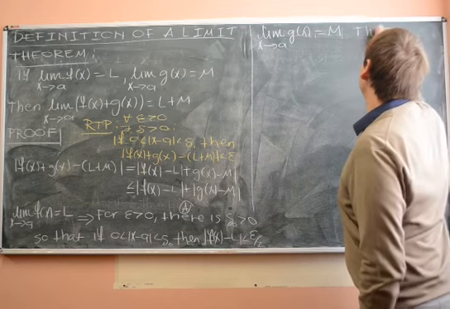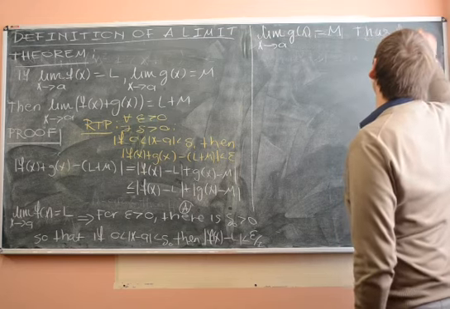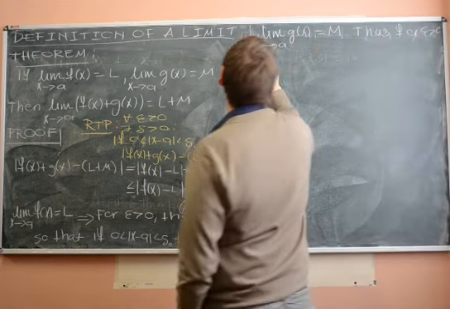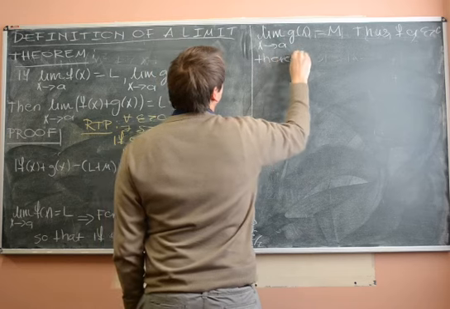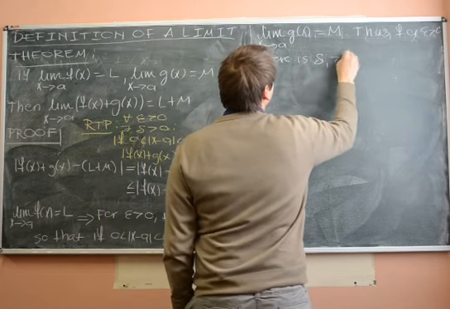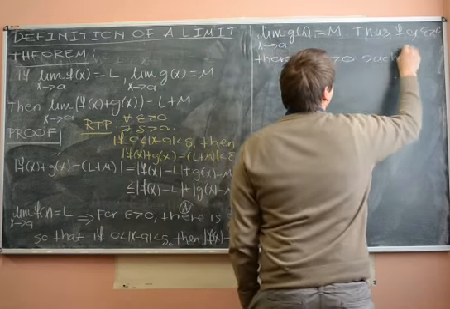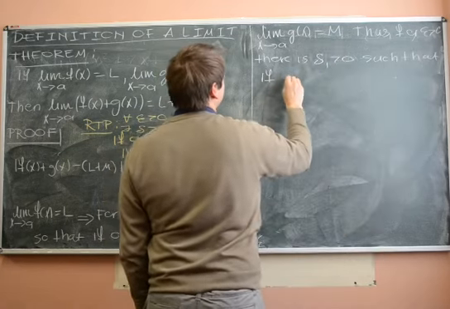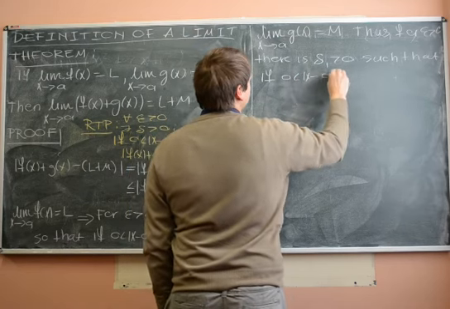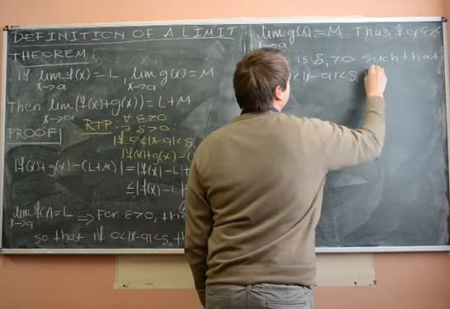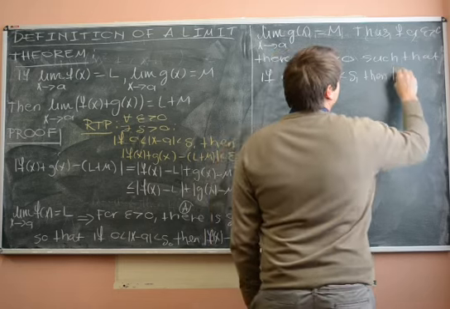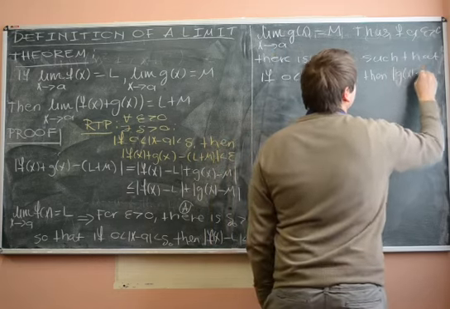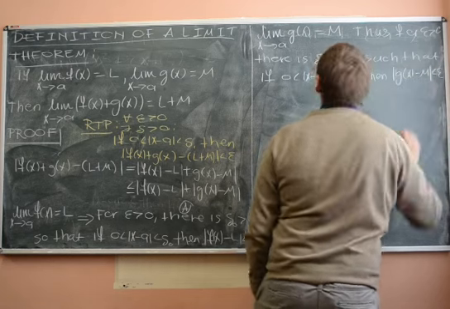Now that means that for epsilon bigger than 0, we can find, say, delta 1 bigger than 0, such that if the absolute value of x minus a is between 0 and delta 1, then the absolute value of g of x minus m is less than epsilon.